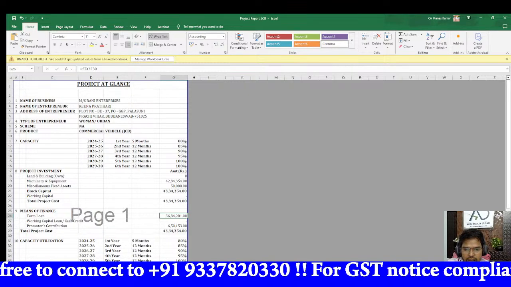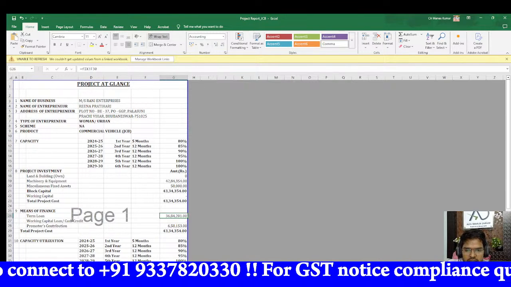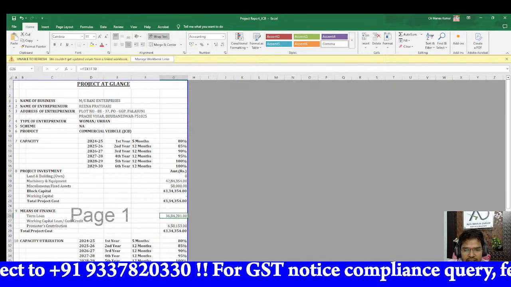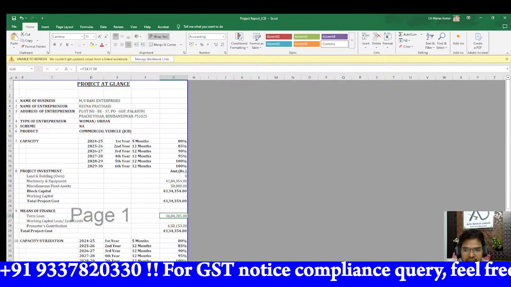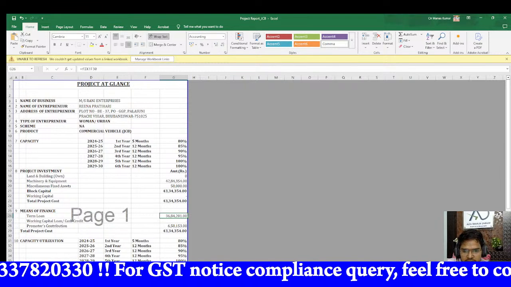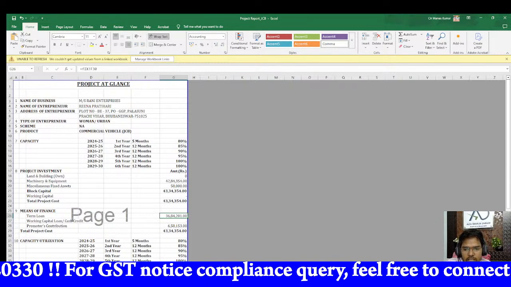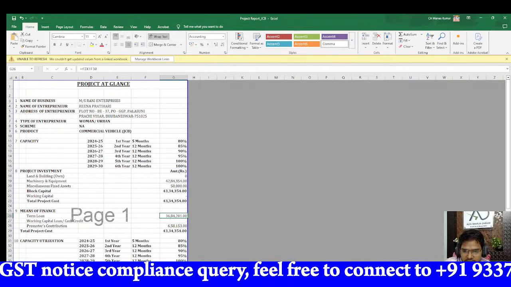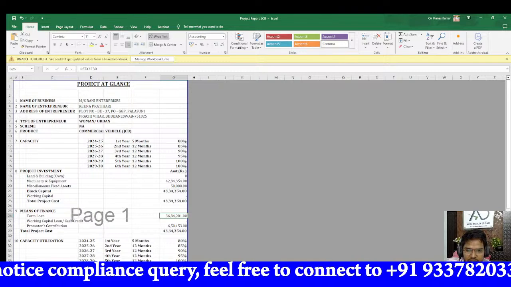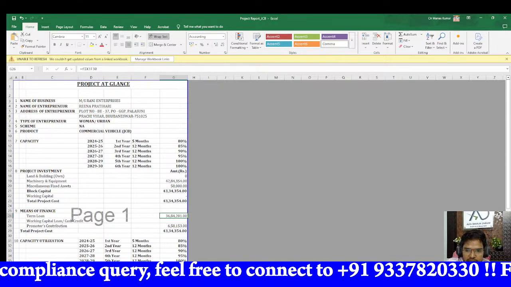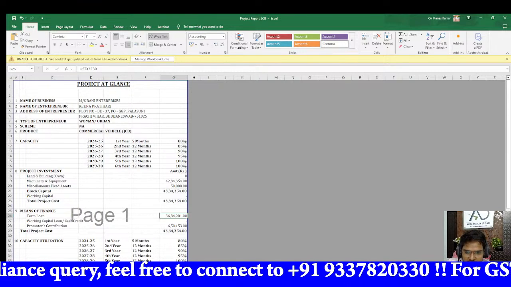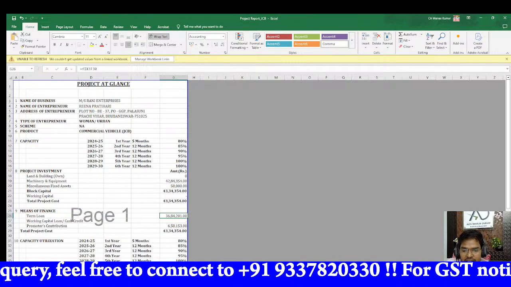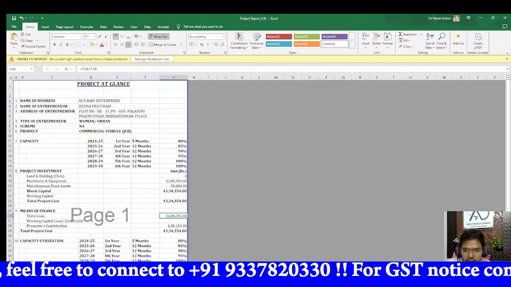Okay, first of all, I want to say that the project report is not done manually. It is done by linking with the reference columns and giving the respective formulas. Project report is not a small thing. It is a linking thing from beginning to end. If you change something afterwards on a single page, then it automatically changes all other figures.